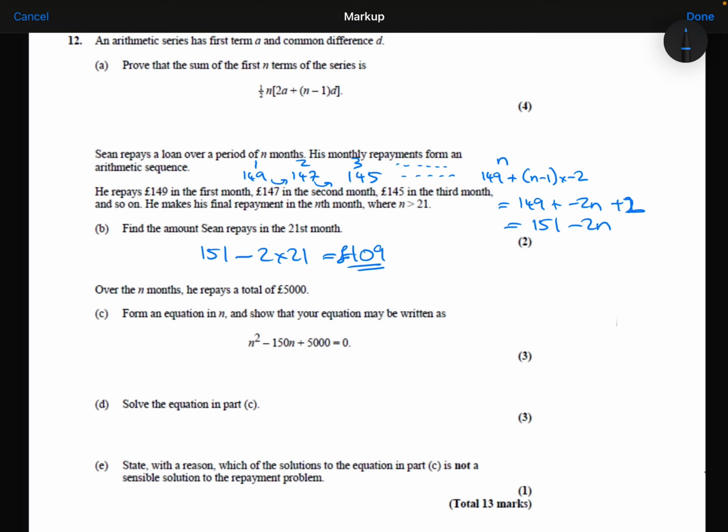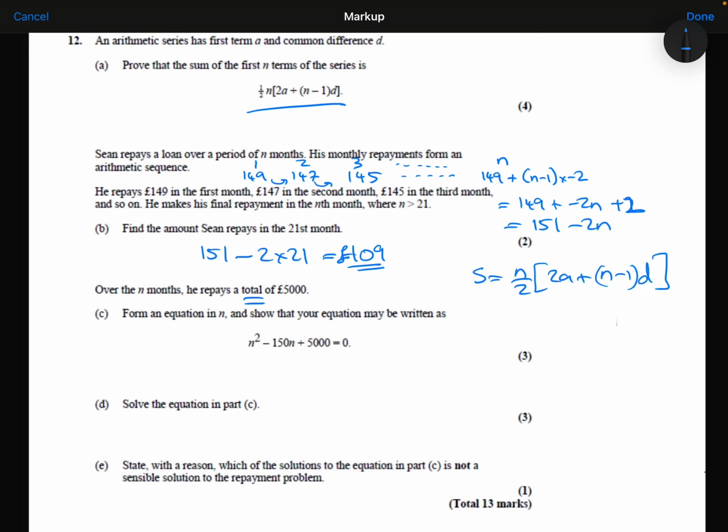Over the n months, he repays a total of £5,000. Form an equation in n and show that the equation can be written like that. So for a total, we're going to use the sum formula that we derived in part A. The sum is equal to n over 2 times 2a plus n minus 1 d.